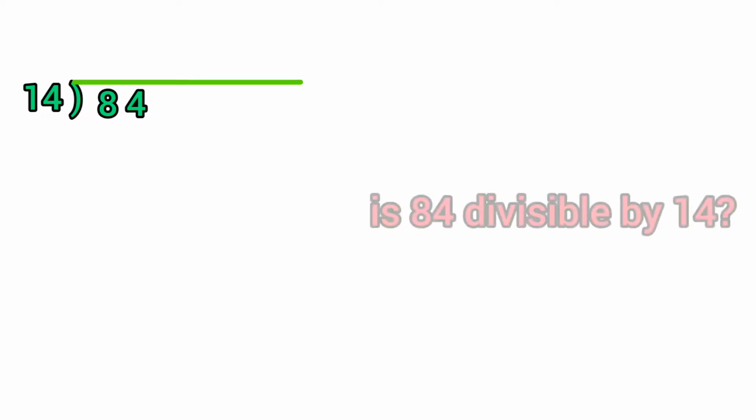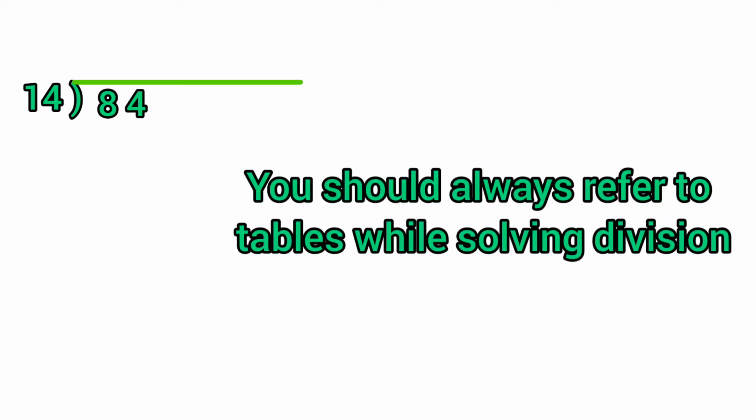Put the numbers in the position shown on the screen. It's quite different from the other three basic operations. Now, is 84 divisible by 14? You should always refer to tables when solving division.